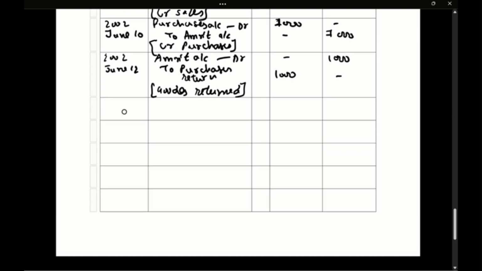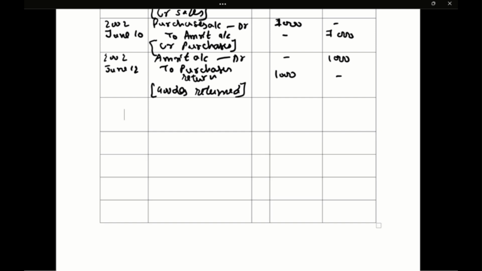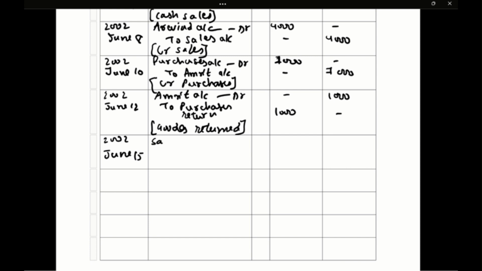So next entry we have goods returned by Arvind. So it is a sales return. The date is June 15th. Here credit sales is there, no? That entry will be reversed. So sales return account debtor to Arvind account.